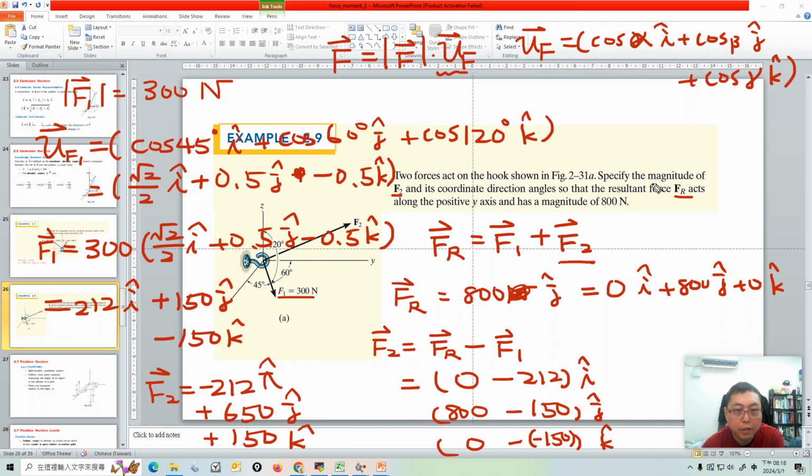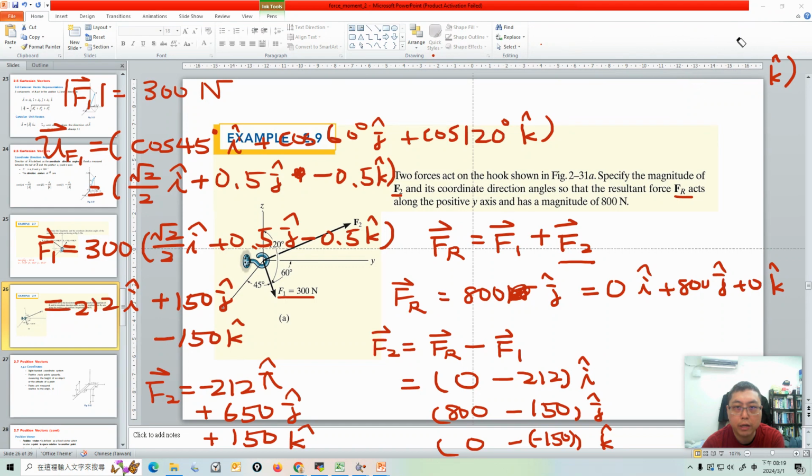He wants us to specify the magnitude of force 2 and its directional cosines. That's very annoying, right? We still need some calculation, so I erase this part. Back to what we just did, we want to find the magnitude. What's the magnitude of the force 2 vector?